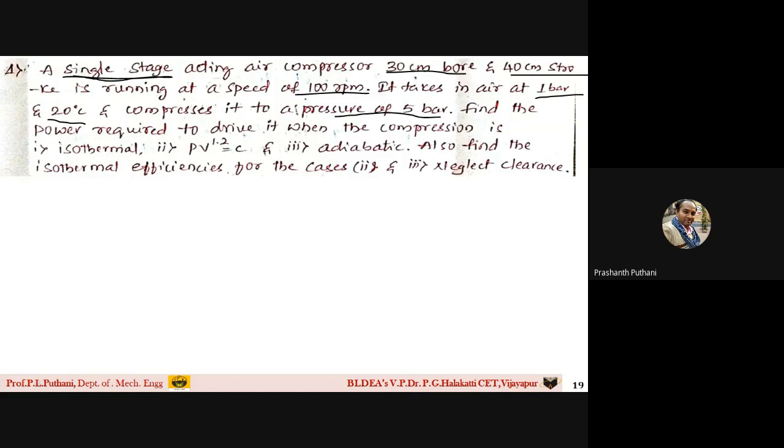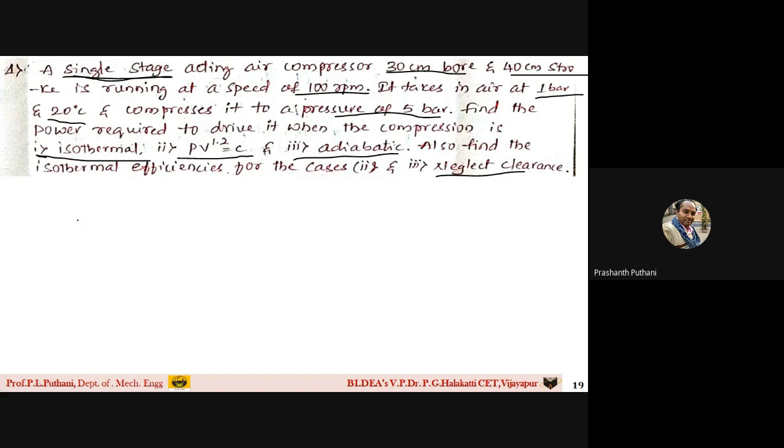Find the power required to drive when the compression is first isothermal, second P V to the power of 1.2 is equal to C, third adiabatic. Also find the isothermal efficiencies for cases 2 and 3. Neglect the clearance volume.